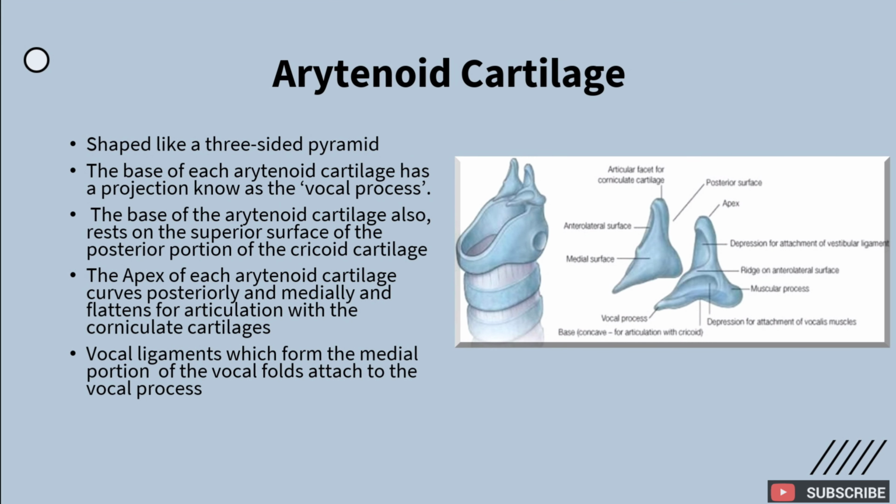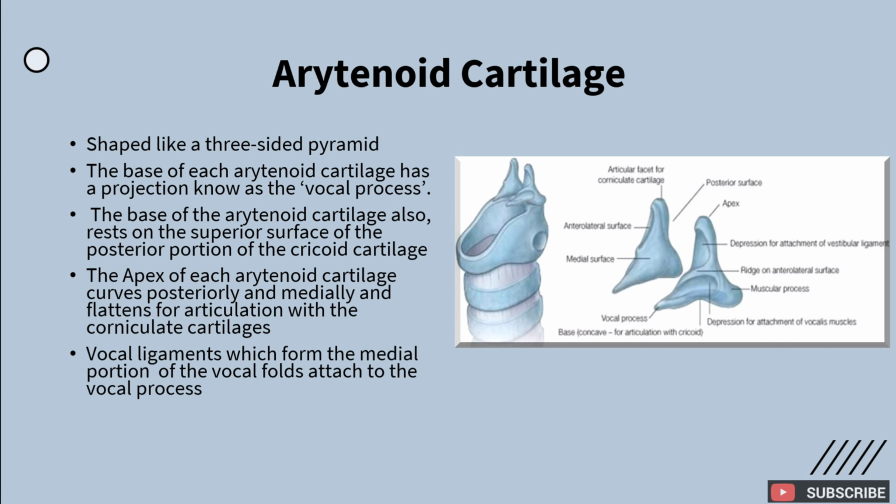Now we're getting into the paired cartilages, and this one is the arytenoid cartilage. It is shaped like a three-sided pyramid, and at the base of each one it has a projection known as the vocal process. The base also rests on the superior surface of the posterior portion of the cricoid cartilage.